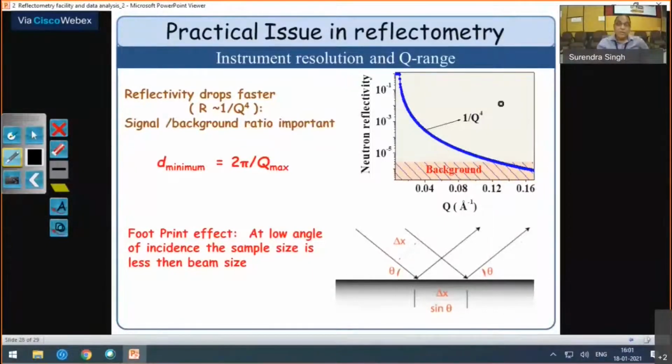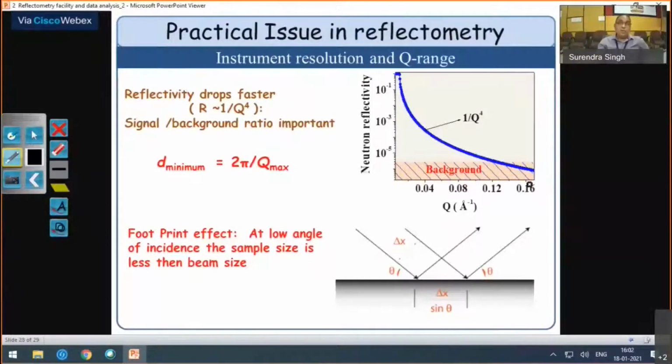So depending on the samples, we have this issue of how much Q you can measure in this reflectivity. It comes from the signal to noise ratio of the instrument. So we should have a high flux, high intensity source, as well as very low background, to reach a higher Q range for any reflectivity.